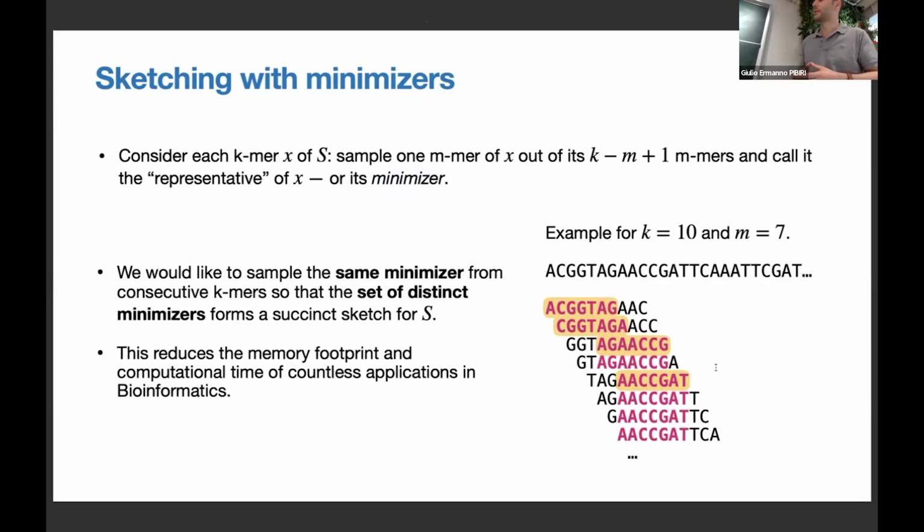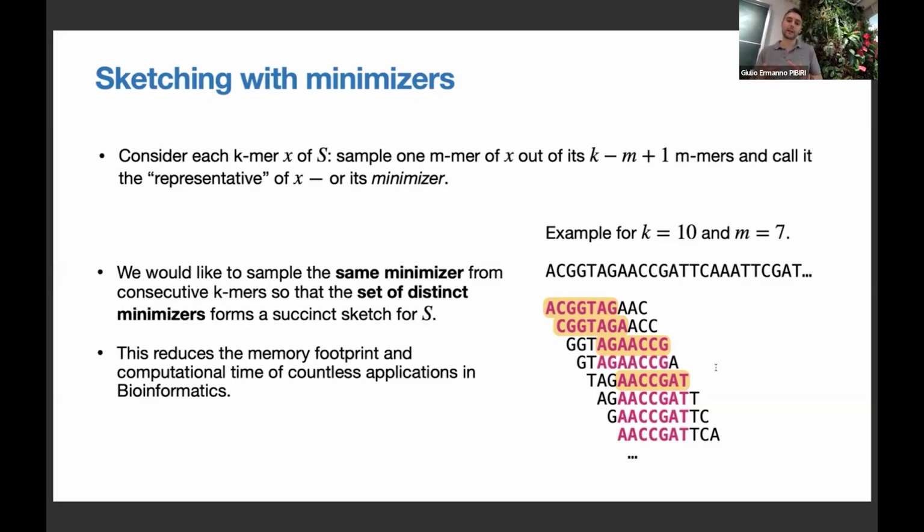This is useful because if I now look at the distinct minimizers that I compute, if I compute them in a certain way, we have this property that consecutive k-mers have exactly the same minimizer. So they tend to share the same minimizer.